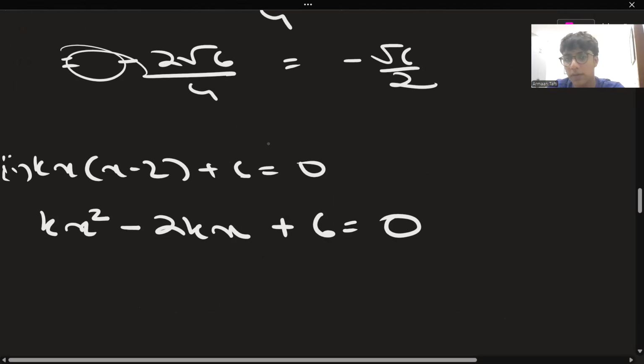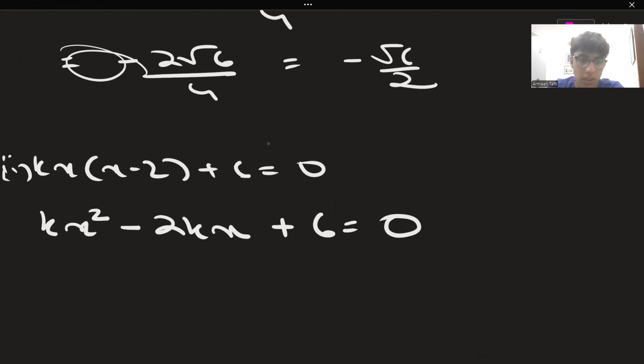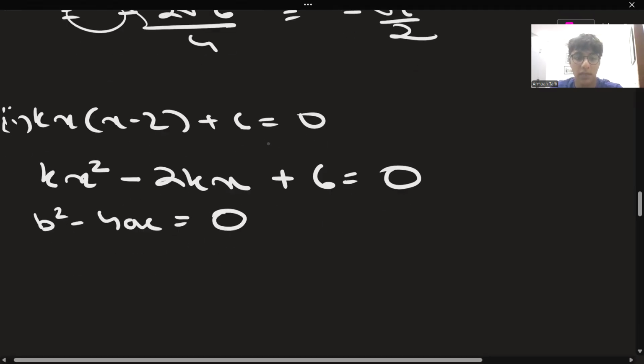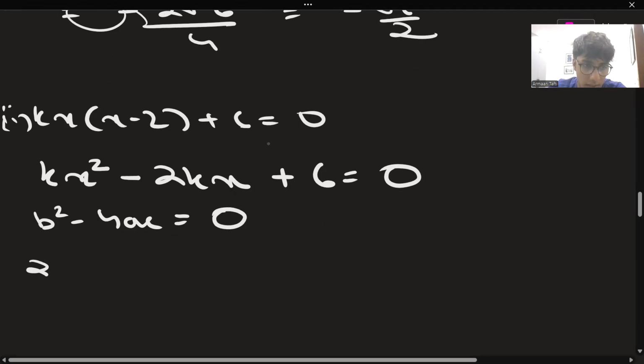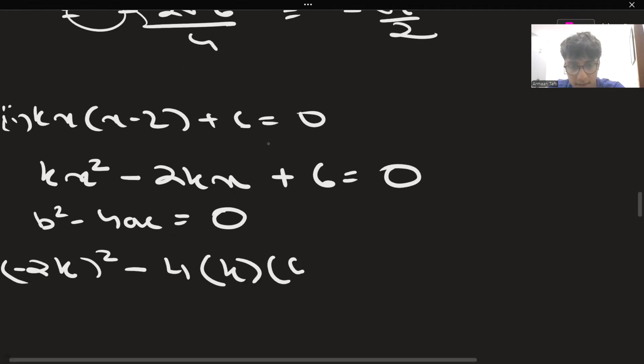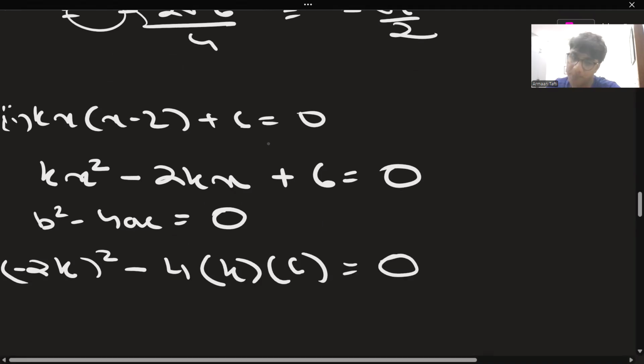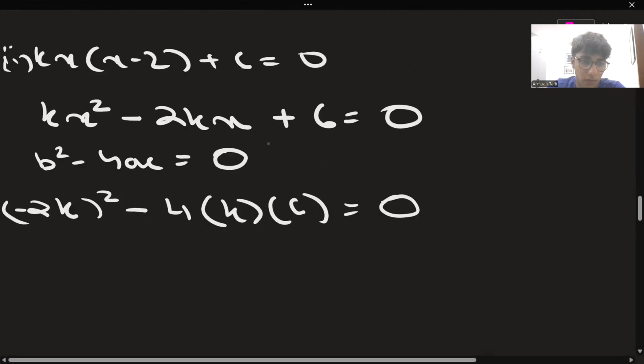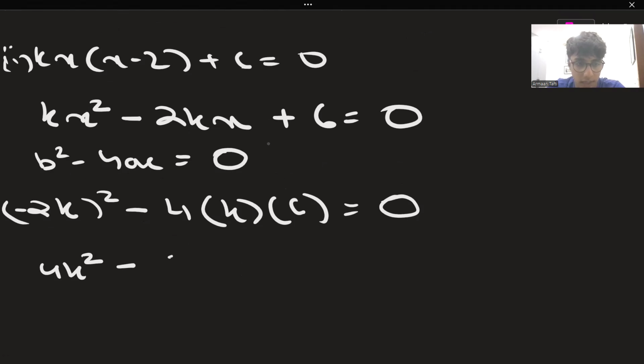So now again, we have to find the value of k for which this equation has real and equal roots. So we know D has to be equal to 0. So b squared minus 4ac should be equal to 0, right? b is minus 2k, so minus 2k whole squared minus 4 times a, which is k, times c, which is 6, is equal to 0. So we have 4k squared minus 24k is equal to 0.